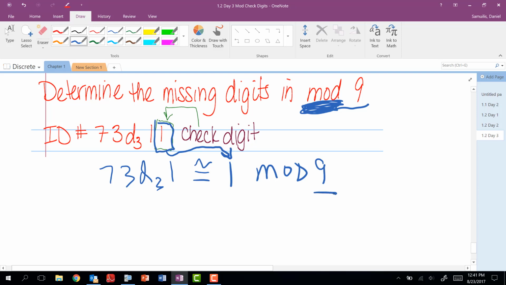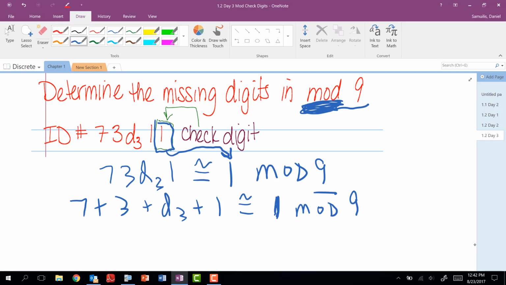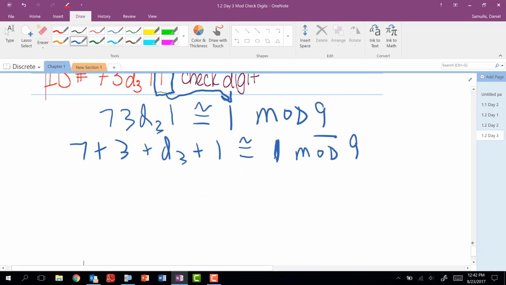And because it's a mod 9 scheme, I can add them, because any number that has a remainder of 1 when divided by 9 is another way I can analyze it. So 7 plus 3 is 10, plus 1 is 11.